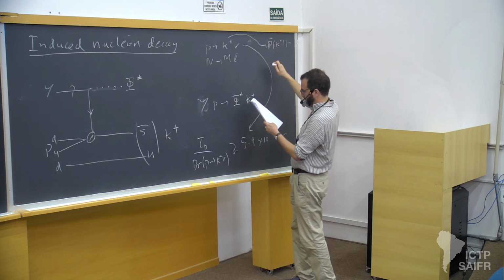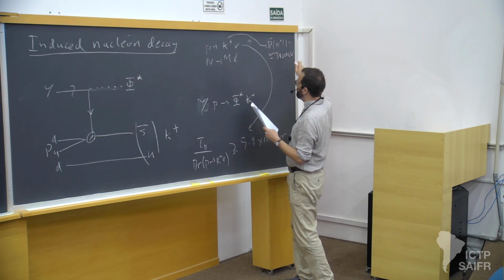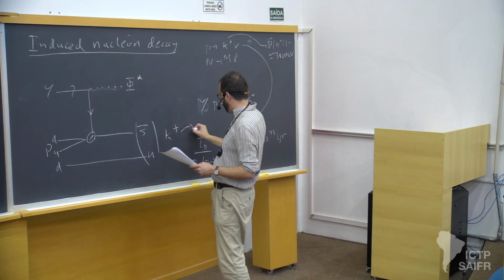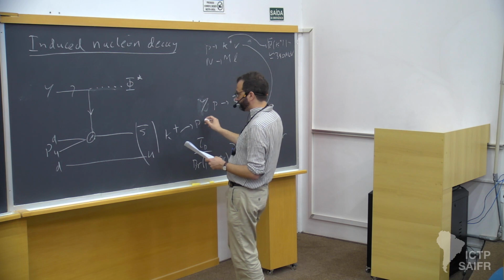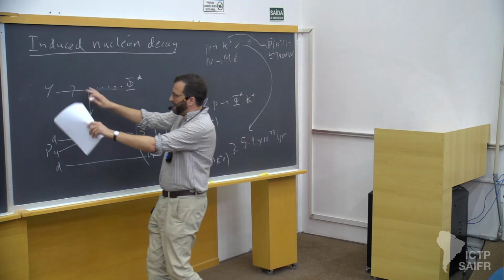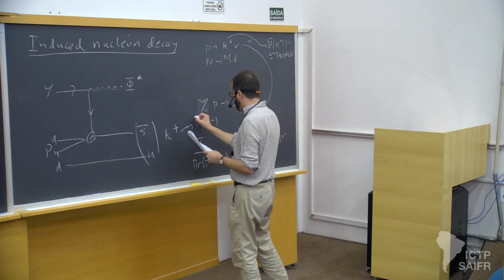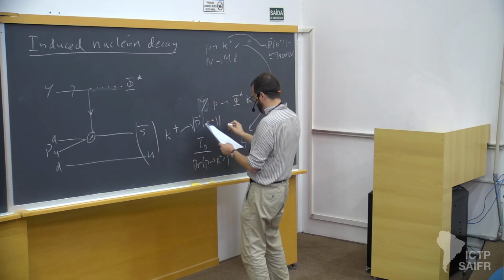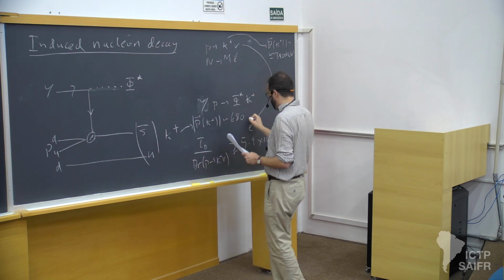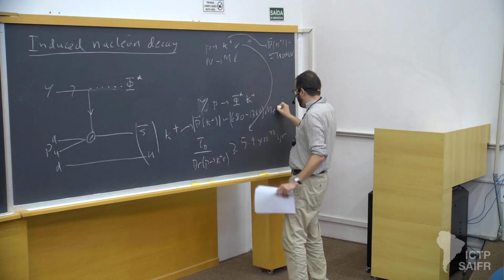This is like 340 MeV, while the momentum of the K plus here, given the allowed masses and the velocity of the dark matter in the halo today, is in the range 680 to 1360 MeV.